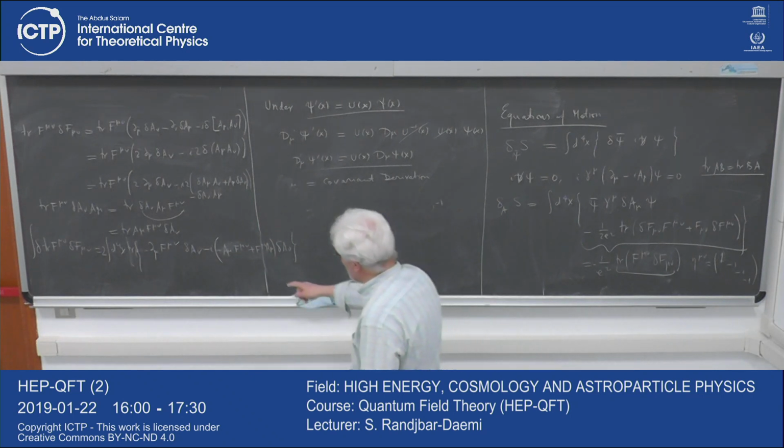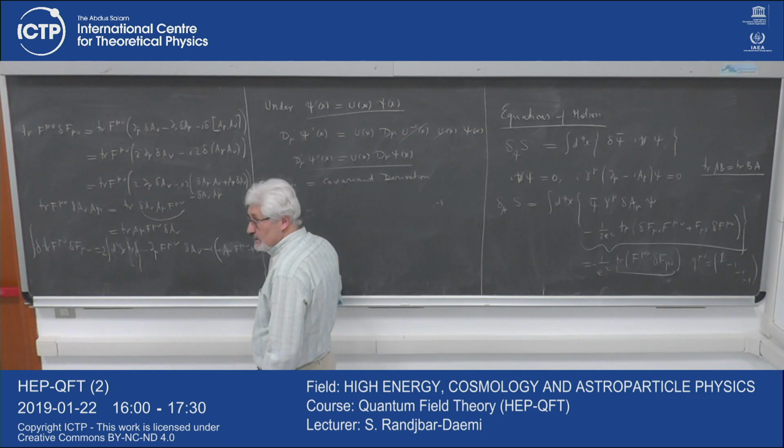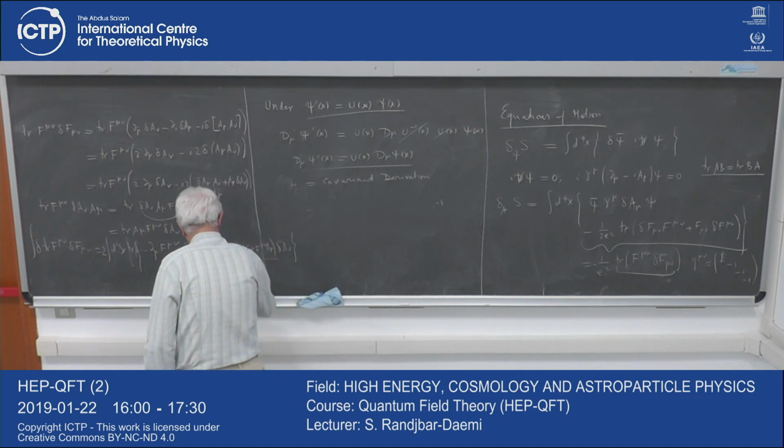And this is a nice commutator standing here. So this is minus the commutator of A mu F mu nu.